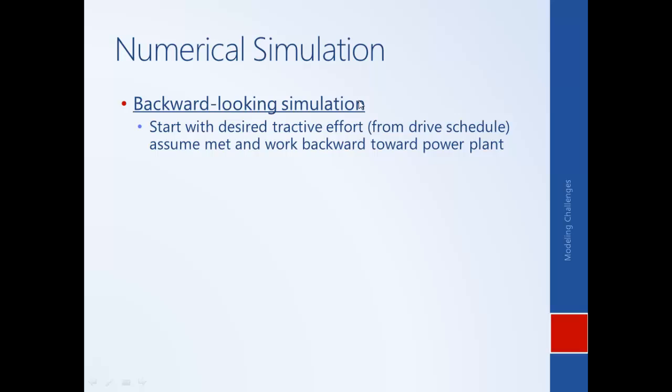So you have some urban drive schedule from the EPA, and you basically just presume that velocity profile is being met by the vehicle perfectly. And then based on that, you work backwards and you determine what is needed from the power plant, the IC engine, the electric motor, to achieve that velocity.